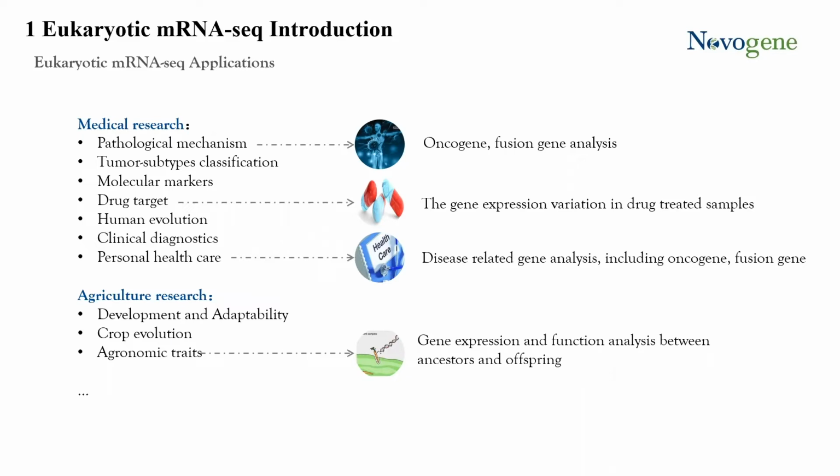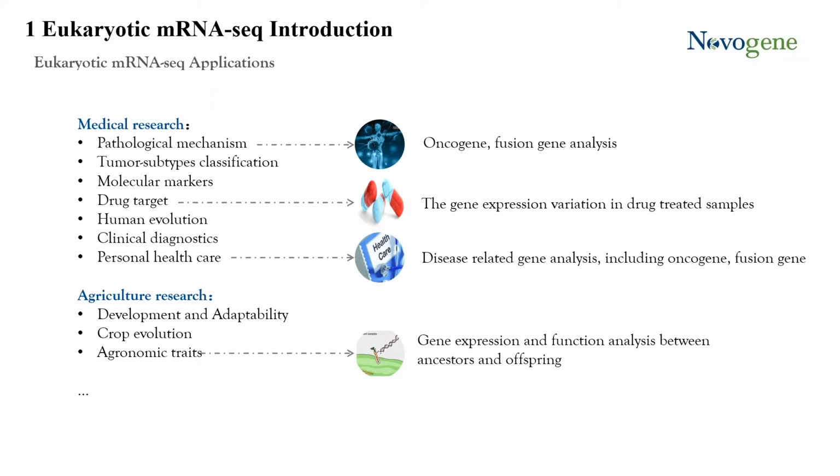It can be studied in tumor subtype classifications, looking at molecular markers and drug targets, where we can look at the gene expression variations in drug versus treated samples, human evolution studies, clinical diagnostic studies, and personal health care studies, where we can look at disease-related gene analysis, including oncogene and fusion gene analysis.